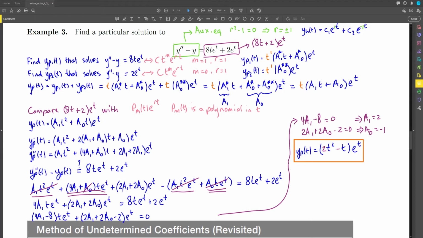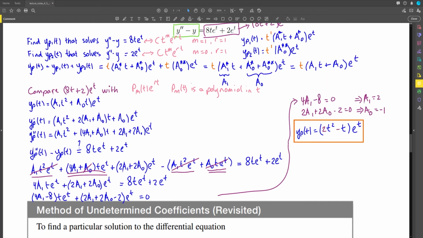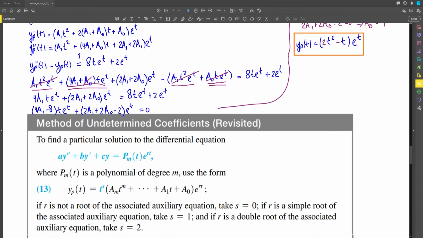So here we have a polynomial of t times e to the power t. Then you can have your particular solution be a polynomial of the same degree times e to the power t with an extra factor of t, depending on whether or not r is a root to the auxiliary equation. So this is summarized here.